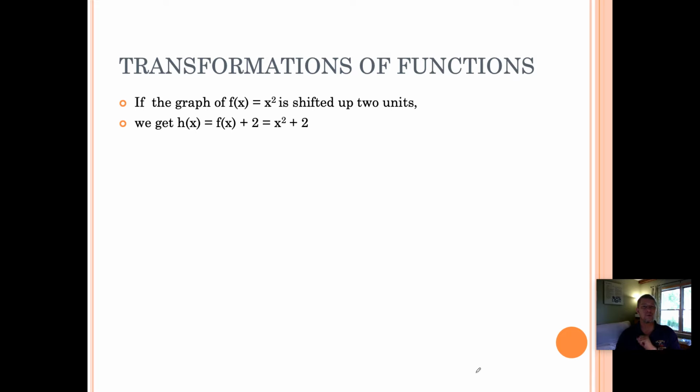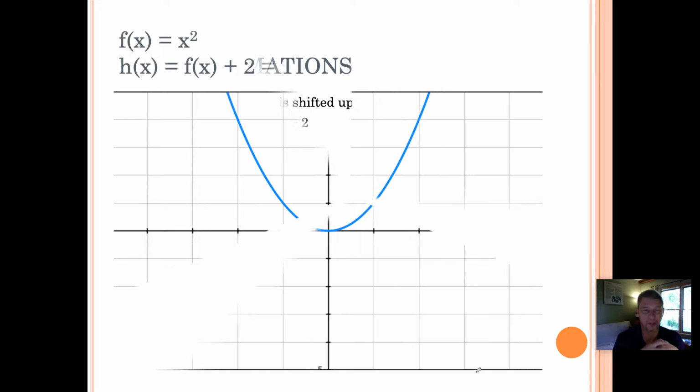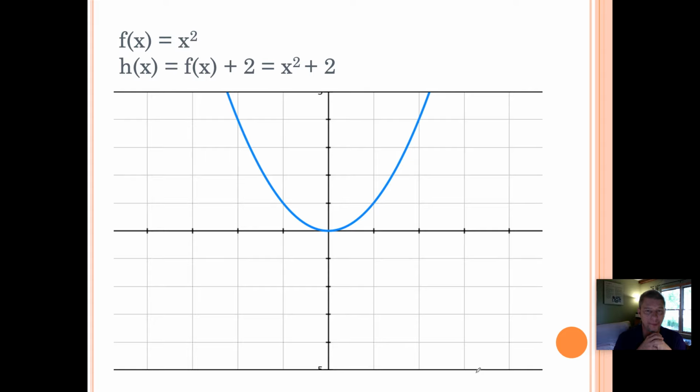And so the new function in this case will be h of x equals f of x, the original function, plus 2, okay? So this is the graph of f of x, all right? So there it is, f of x equals x squared, right? And if you look at this carefully, you know it to be true, right? 1 squared is 1, 2 squared is 4, okay?